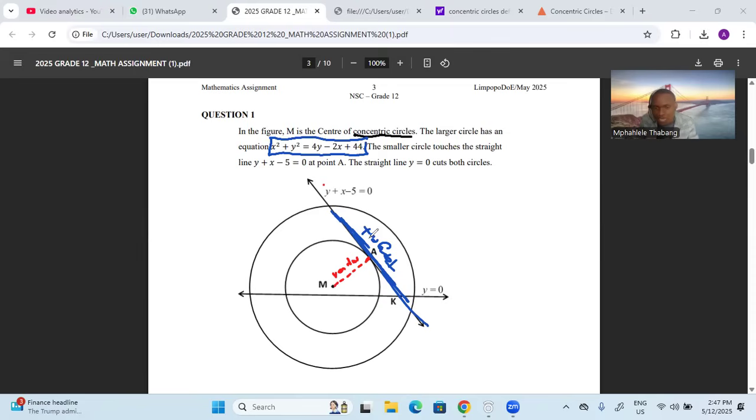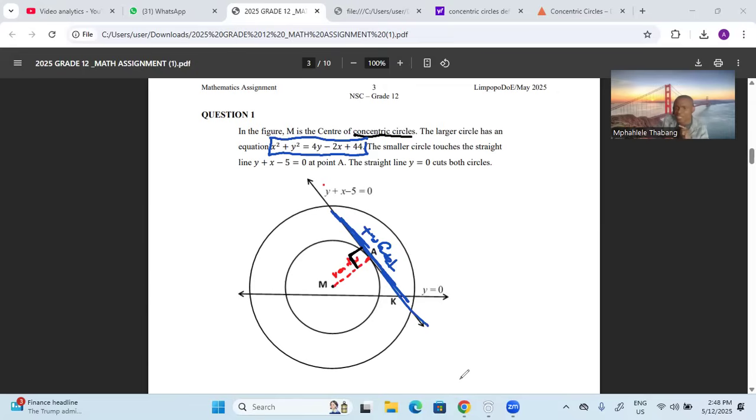You have to know that at the point of contact, whenever the radius and tangent meet, the angle at the point of contact is 90 degrees. So I have a right to say the angle here is 90 degrees because I know that the tangent is perpendicular to the radius. This is the relationship between the tangent and the radius, and I want you to know this one. It's very, very important.